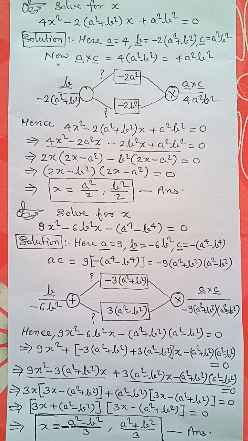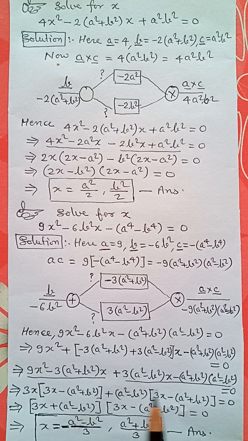Now opening this bracket, we have this expression: 9x² − 3(a² + b²)x + 3(a² − b²)x − (a² + b²)(a² − b²) = 0.